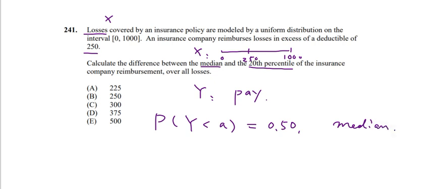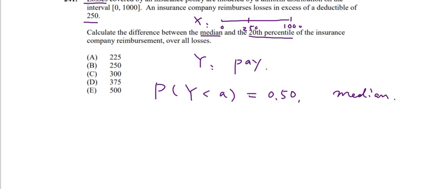So the payment is Y equals 0, and otherwise it is X minus 250, right?